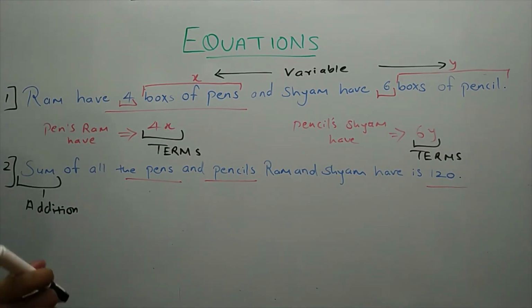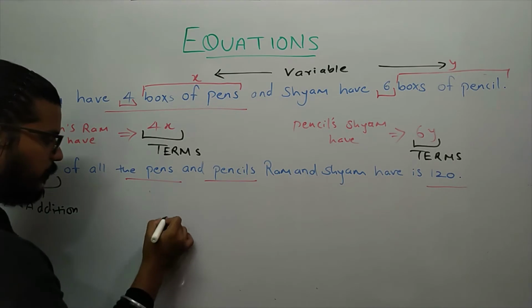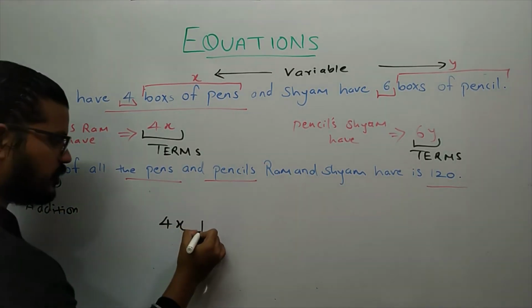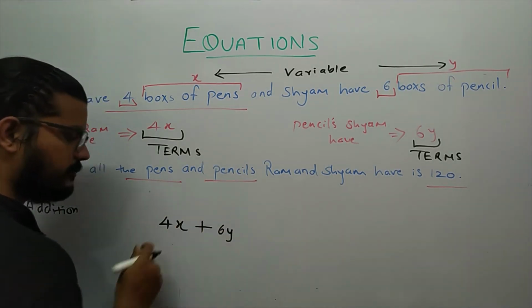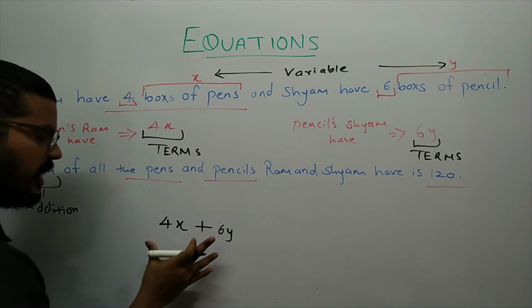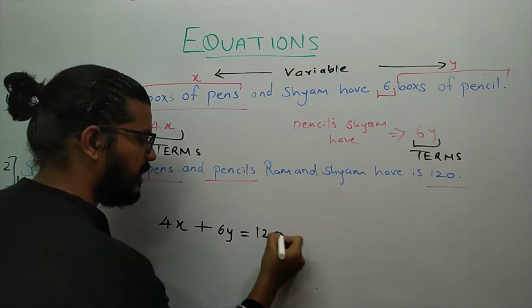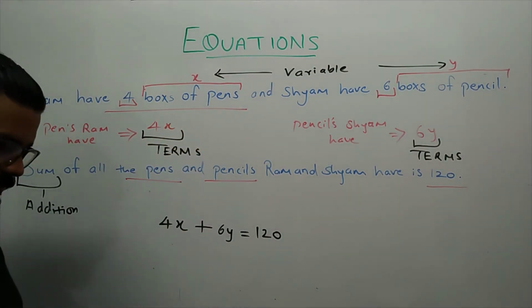Let's write it down in terms of mathematics. So the number of pens Ram has is 4x. The function which it is asking us to do is addition, and the number of pencils which Shyam has is 6y. And what it is stating is, if we add both of these, we get the total number of pens and pencils, which is nothing but 120. Now can you see a difference between this and this?